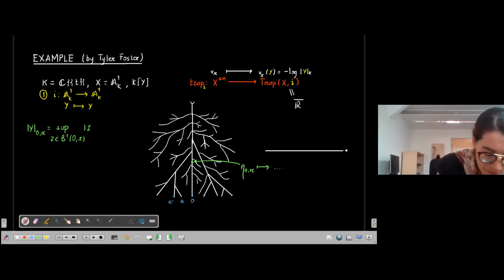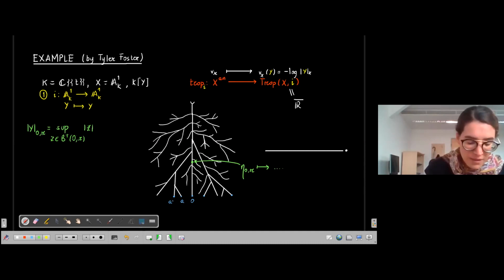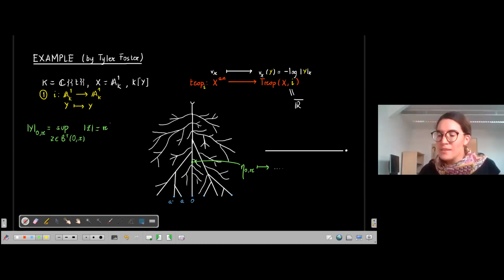So we get the sup of the norm of z, but this is quite immediate to compute: this is just r. So now we need to take minus log of this value. We see the tropicalization map sends this eta_{0,r} to the value minus log of r.